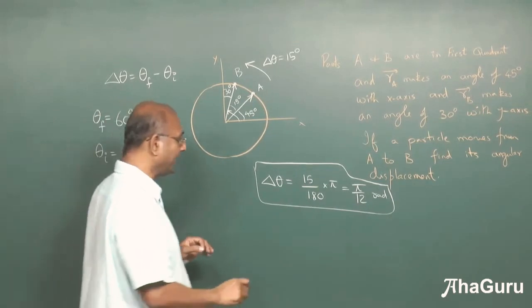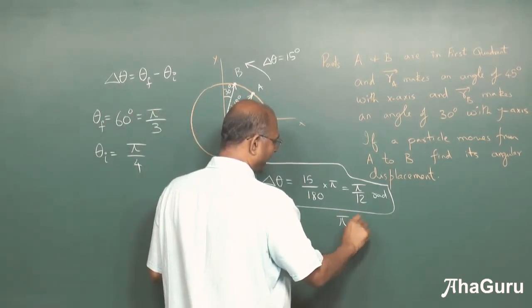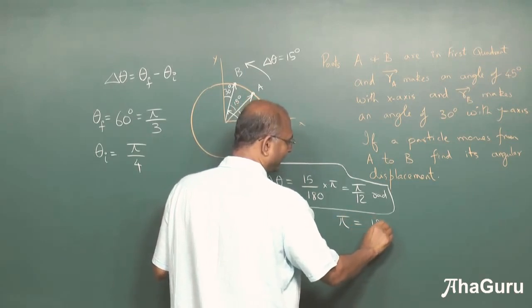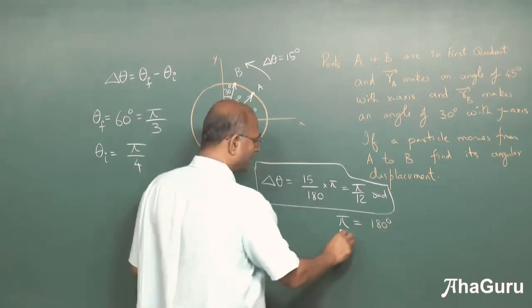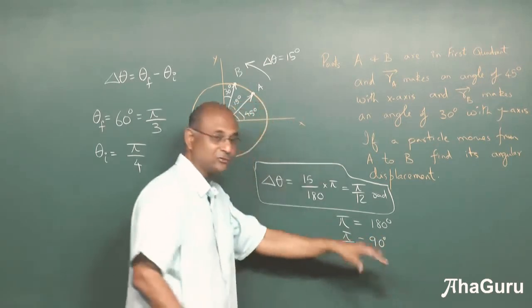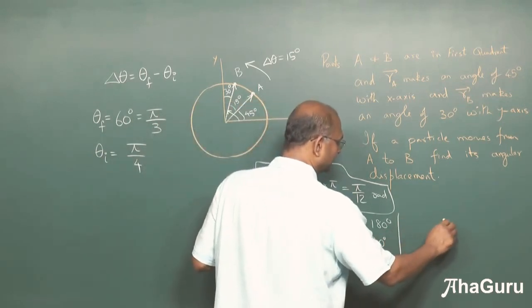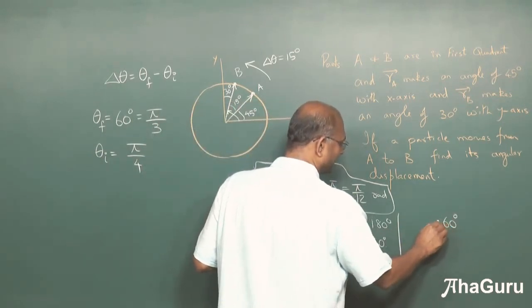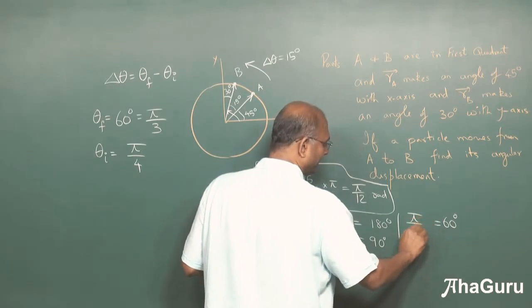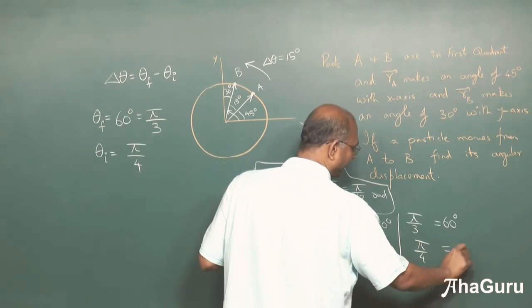Now you should keep in mind the following angles. Pi is the same as 180 degrees. Pi by 2 is 90 degrees. Anytime you look at 90 degrees, you must think of pi by 2. When you look at 60 degrees, you must immediately think of pi by 3. Pi by 4 is 45 degrees.